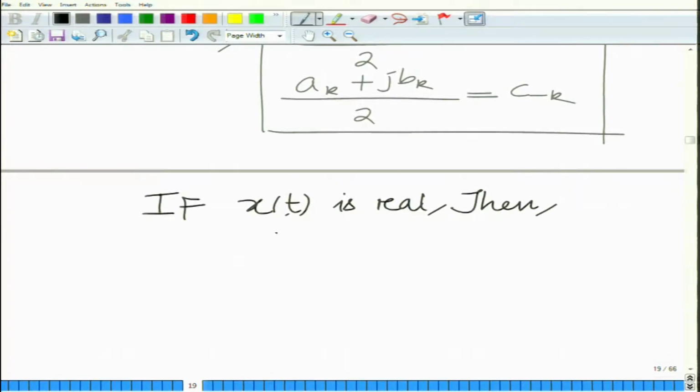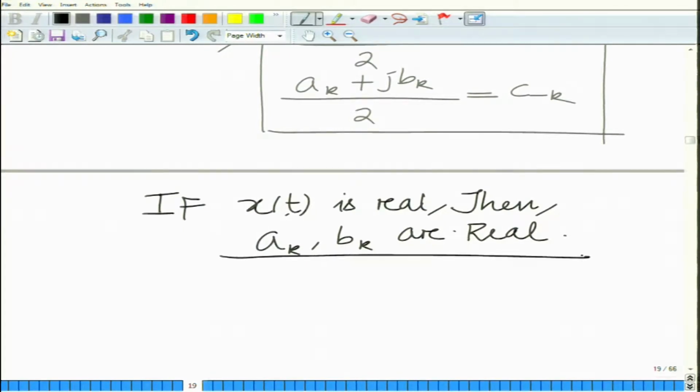Now, once again, if xt is real, then the coefficients of the trigonometric series, ak and bk, are real. If xt is real, then the different ak's and bk's, that is the coefficients in the trigonometric Fourier series, are real quantities.